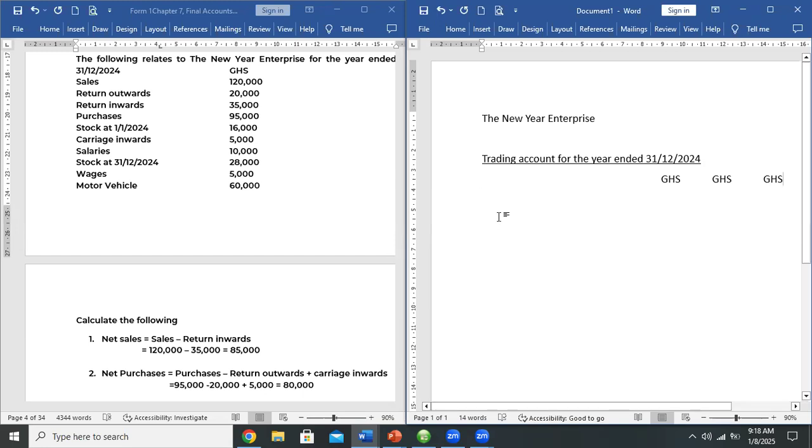Per the format, you have to find your net sales first. And as we have found the net sales, we needed the sales figure first. So we'll put in our sales figure. And how much is our sales figure? 120,000. We put it at the middle column, 120,000.